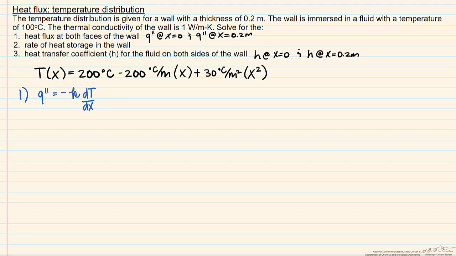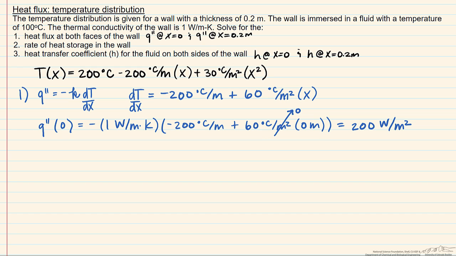So dT/dx is equal to negative 200 plus 60x. So plugging in for x equals 0, because we're solving for q double prime at x equals 0, we find that q double prime is equal to 200 watts per meter squared.